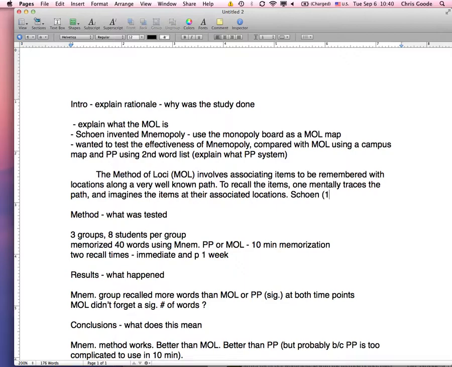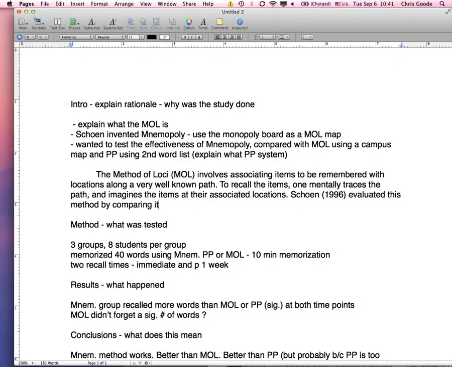Then I want to cite the paper. This is 96. Evaluated this method by comparing it to. No. He not evaluated.